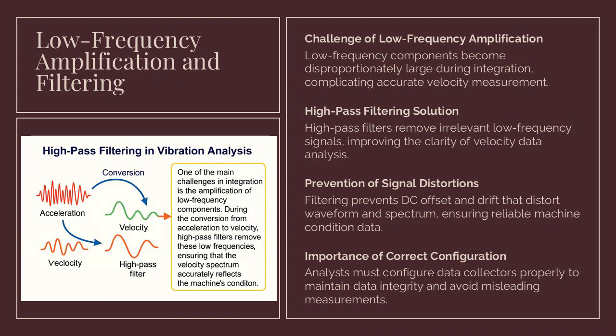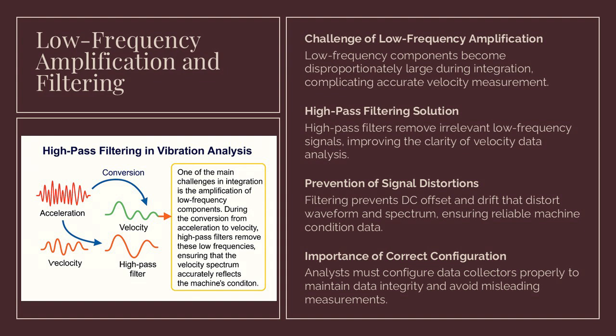One of the main challenges in integration is the amplification of low-frequency components. When converting acceleration to velocity, the process involves dividing by frequency, which means very low frequencies become disproportionately large. This can lead to misleading results and obscure the true condition of the machine. To address this, high-pass filters are applied during integration to remove low-frequency signals that are not relevant to the analysis.